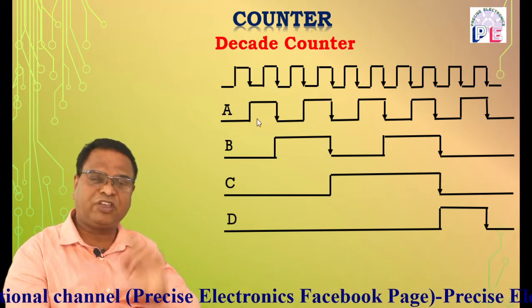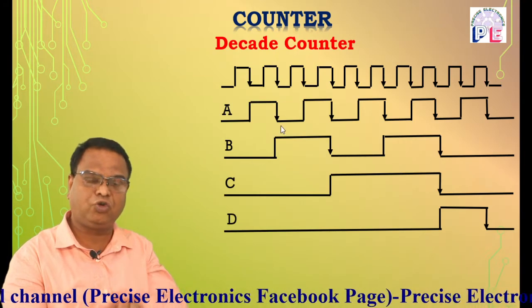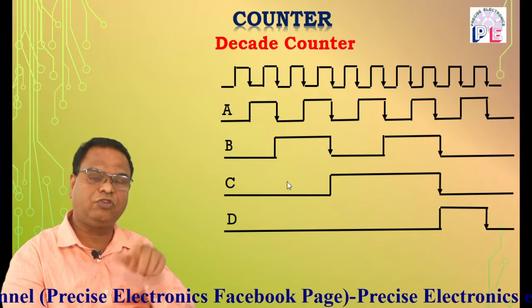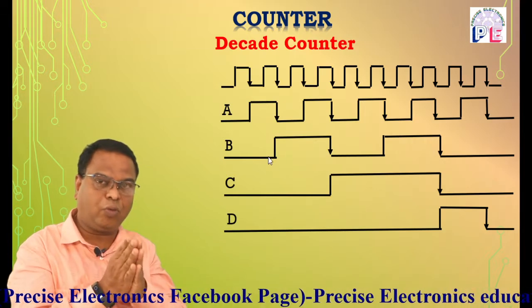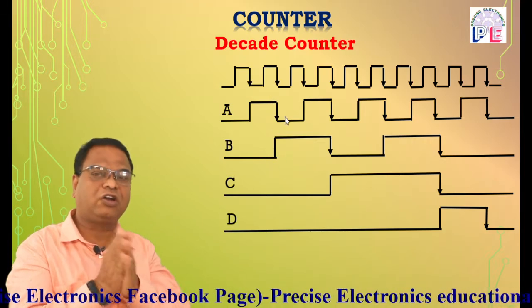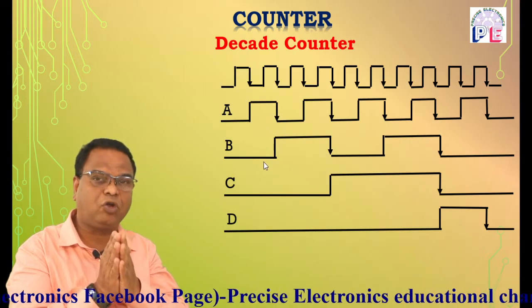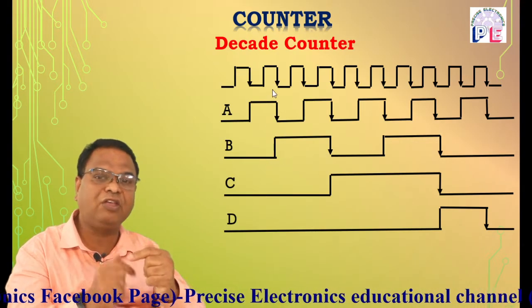At the negative edge of the second clock pulse, A changes the state from 1 to 0. B changes from 0 to 1. Means the first flip-flop A toggles, or transition of state occurs, at every negative edge of the input clock pulse.